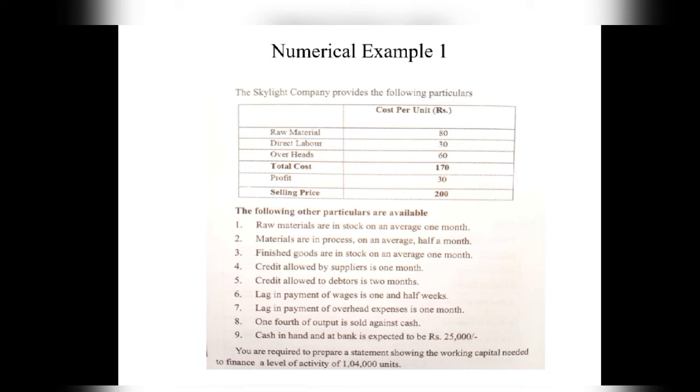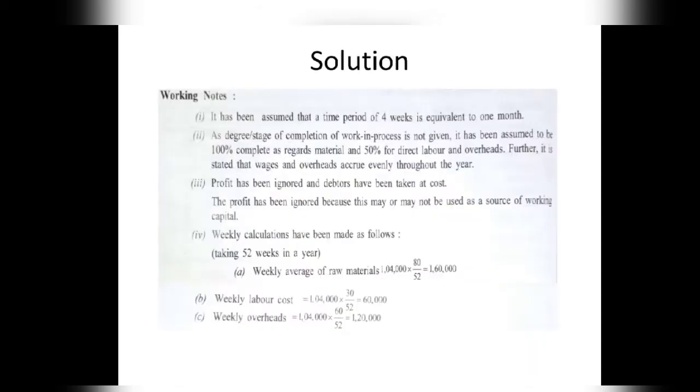The eighth point, 1/4 of output is sold against cash. What does it mean? It means if 1/4 of output is sold against cash, 3/4 of output is sold on credit, and whatever sales we make on a credit basis, that only will create the debtors. So while calculating the debtors, we will be taking only the credit sales, and credit sales are 3/4.